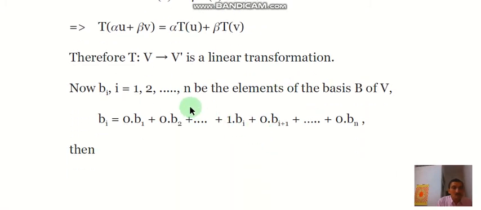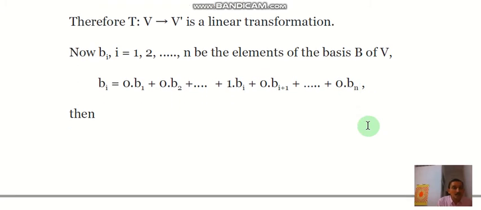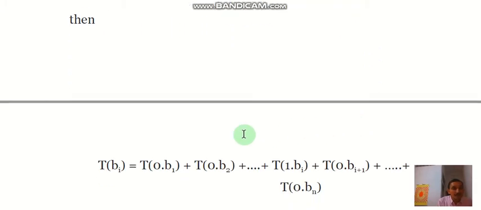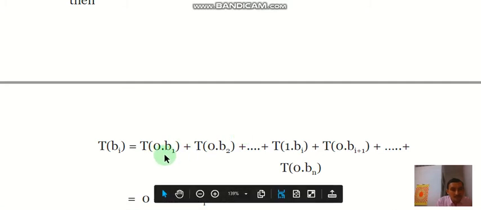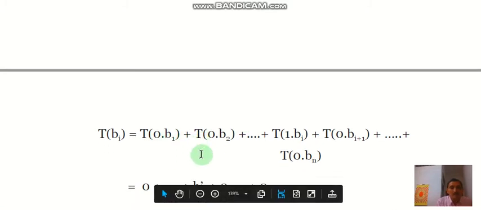Now bi, for any i varying from 1 to n, are the elements of basis B of V. So we can write bi equal to 0 times b1 plus 0 times b2 and so on, plus 1 times bi, plus 0 times b(i+1) and so on, 0 times bn. Then by the definition of T, T(bi) is 0 T(b1) plus 0 T(b2) plus 1 T(bi) plus 0 T(b(i+1)) and so on.